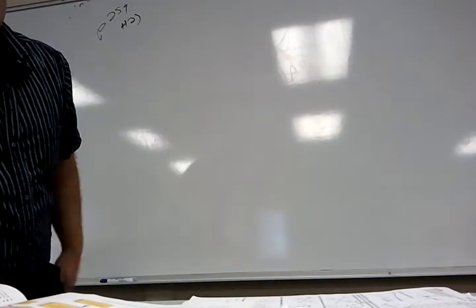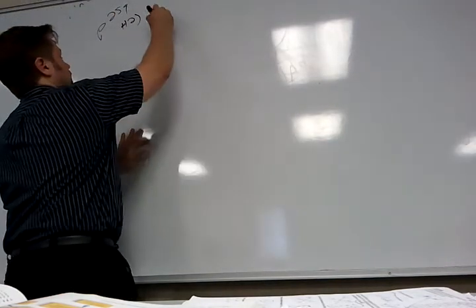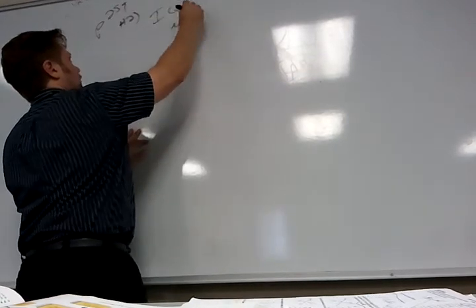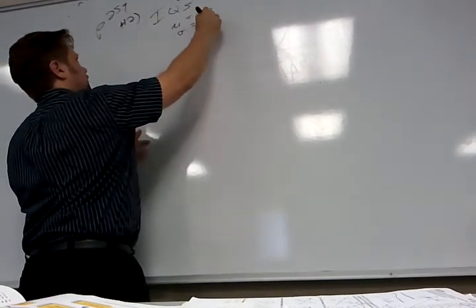So this one says the distribution of IQ scores has a mean of 100 and a standard deviation of 15.